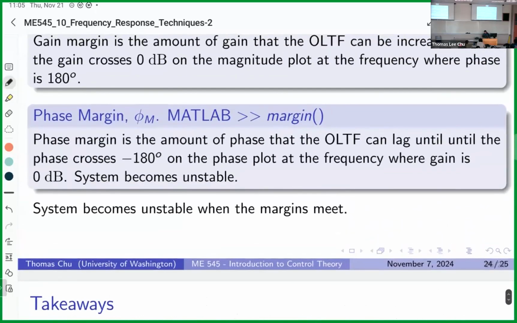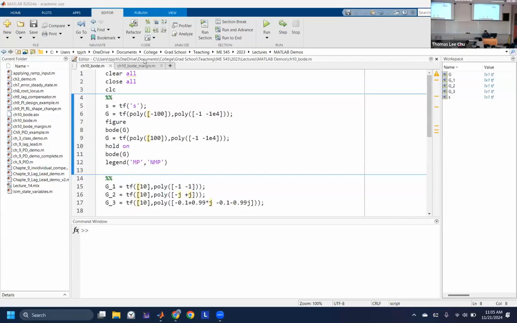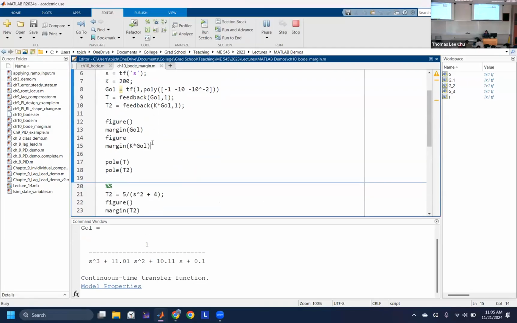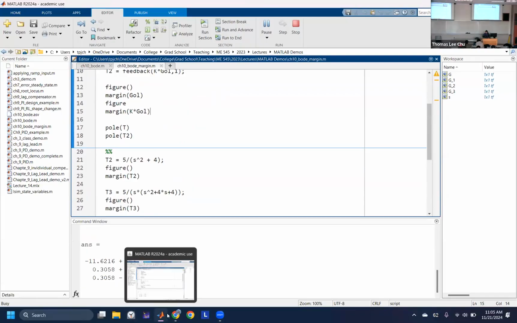So let me just show you that in MATLAB real quick. Here we just have an unstable open loop, and then you use margin here, and you can look at the different margins for gain and phase.